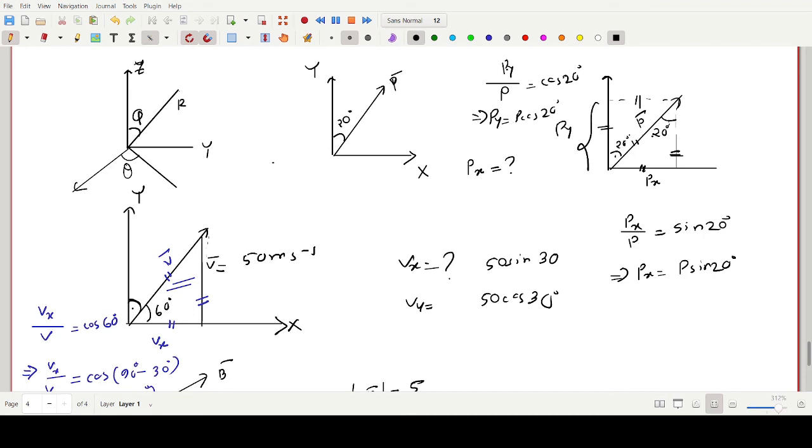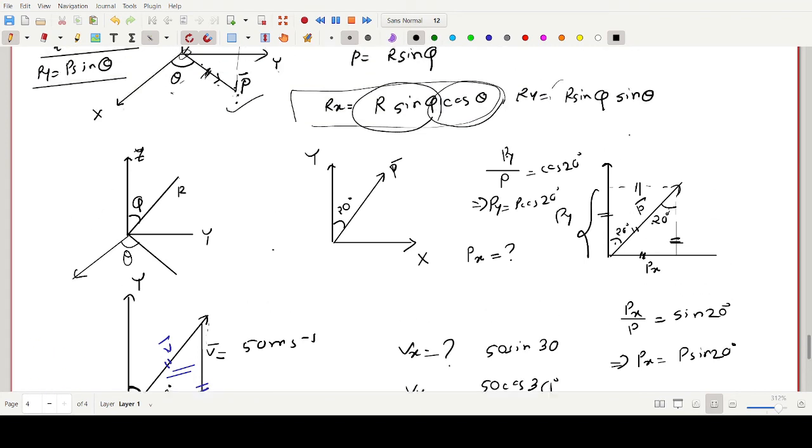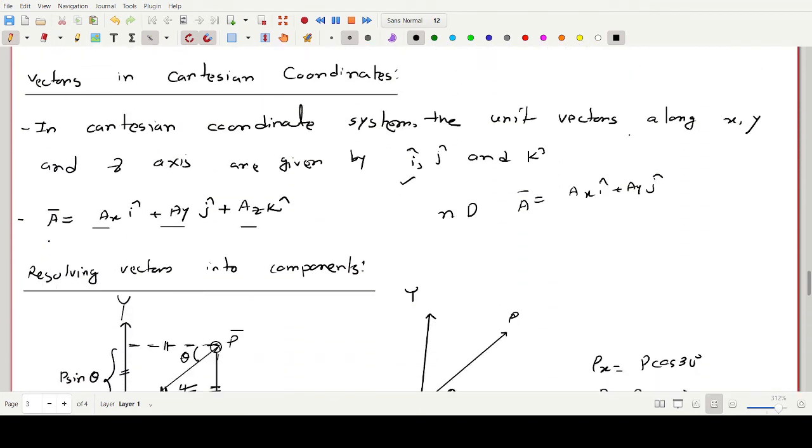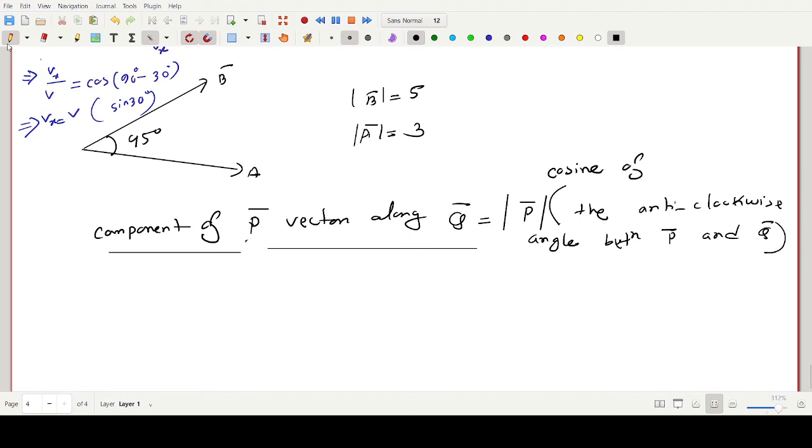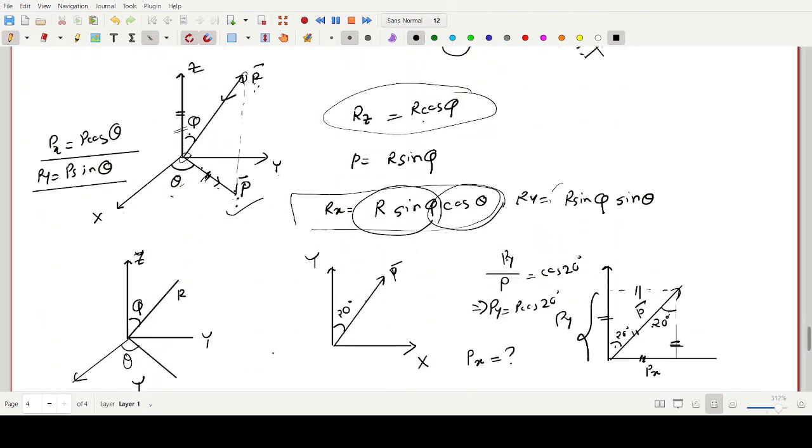Just remember one thing, this is a very general formula for finding a component: the component of P vector along Q equals P times the cosine of the anti-clockwise angle between P and Q. If you follow this, the component of P along Y is P cos 20, and since Y and X are perpendicular, you can easily say that Px equals P sine 20.